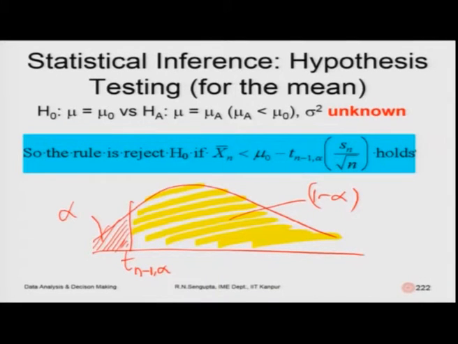So, in this case the sample mean should be less than or equal to the population mean under H naught, which is mu naught, minus the value of t n minus 1 alpha, into S n divided by square root of n. I am just giving the concept without the sign. Why S n?